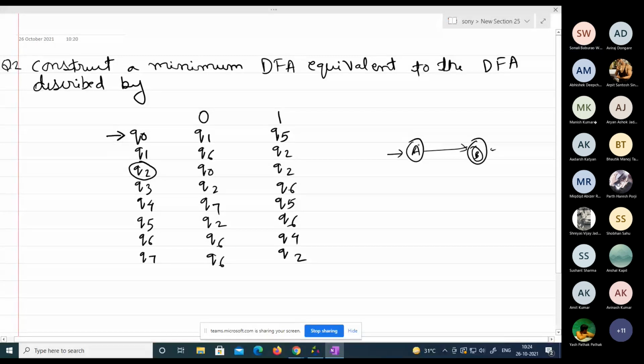In the state transition table it is similar: the initial state is given by the arrow pointing towards Q naught, but the final state is represented by this circle. So from this table, it is clear that Q naught is the initial state and Q2 is the final state.